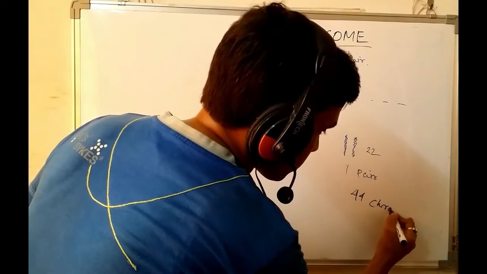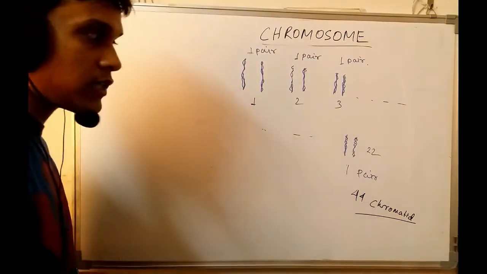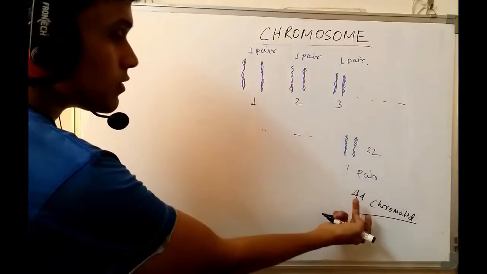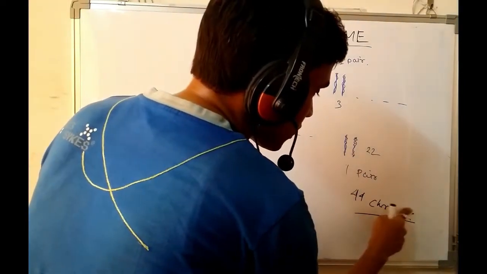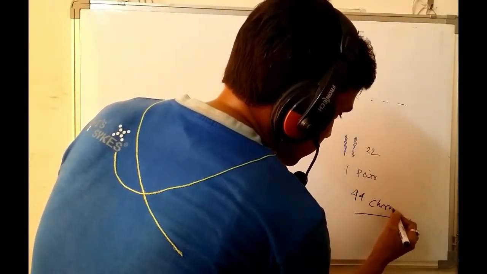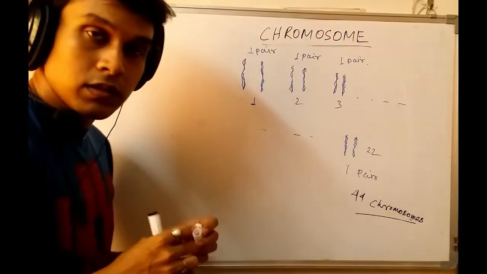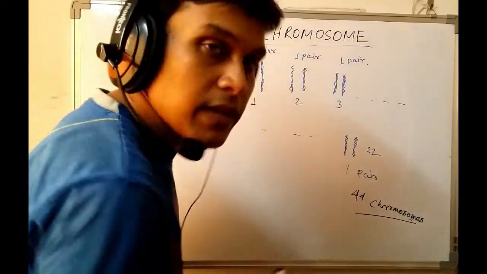I cannot say these are chromatids because they are not folded. So it's better to say 44 chromosomes, not chromatids. Now, DNA is replicating.